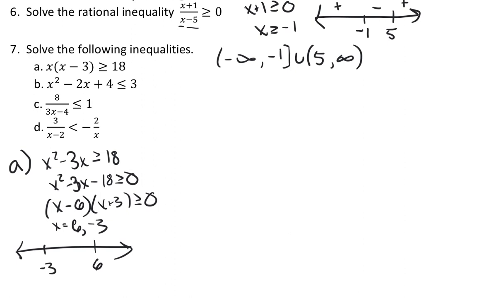So at 6, we have 6 times 3 is 18. If we go to 7, that'll be 7 times 4, which is 28. So this is going to be plus, this is going to be higher than 18. If we're in the middle, we are going to be lower. If we plugged in 0, we would get 0, which is not greater than 18, so that's not true.